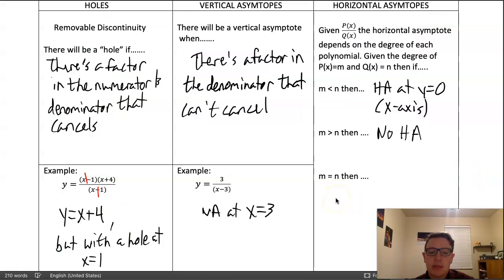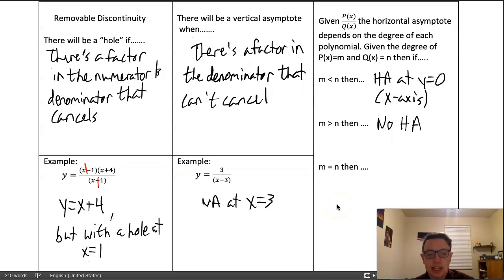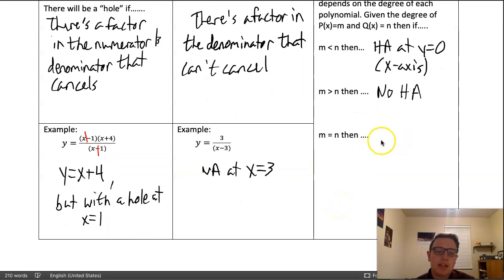If our degree in the top and bottom is the same, then we're going to have a horizontal asymptote at y is equal to a over b, which isn't helpful. What is a and b?